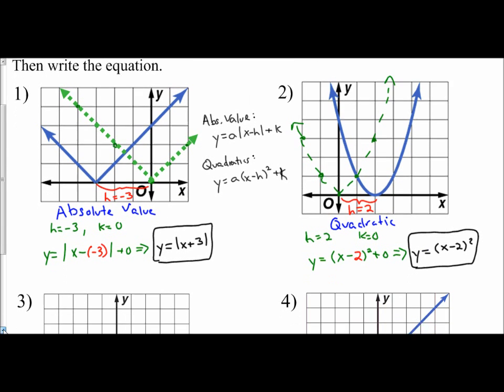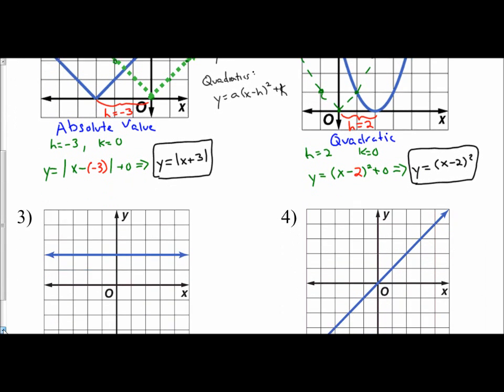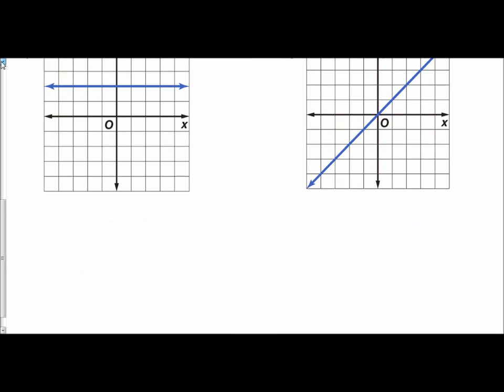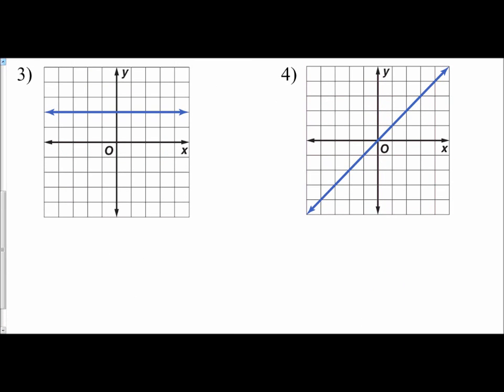If we look at 3 and 4, if we want to identify these, I see on 3 and 4 that we have, for 3, a horizontal line. And so this is going to be a constant function. I see on number 4 we have a linear, so this is going to be our identity function.